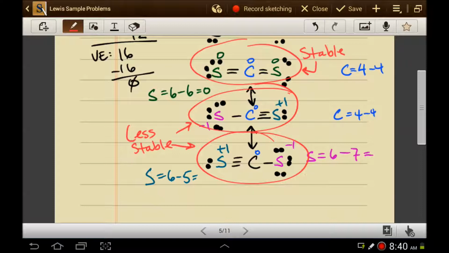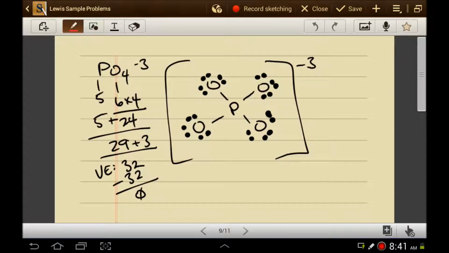What does that mean? That means when you've got resonance structures, it's going to spend more of its time as this one and less of its time as the other two. Phosphate is interesting. We would not have thought to draw resonance structures for phosphate. The reason being, the phosphorus already has an octet.